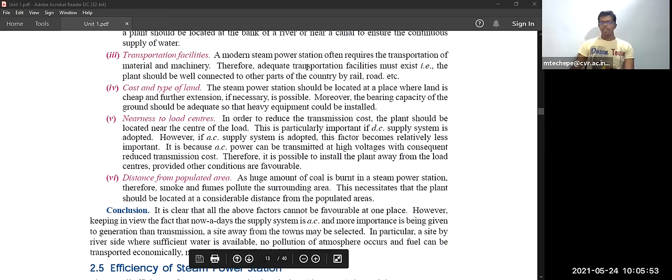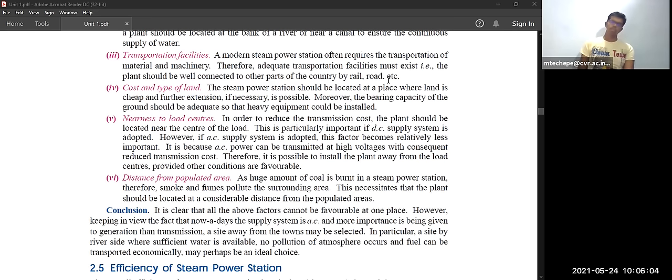Therefore, adequate transportation facilities must exist. The plant should be well connected with other parts of the country by rails and roads, etc. Nearby parts of the country also should be connected. Sometimes they may send it through rail itself.